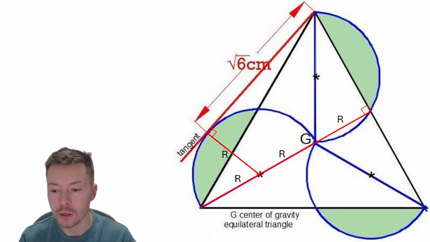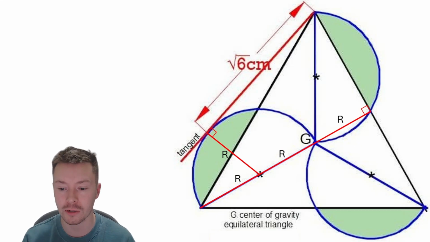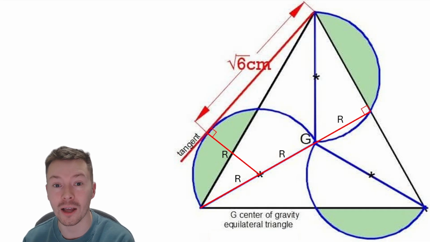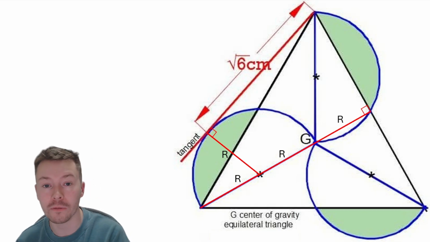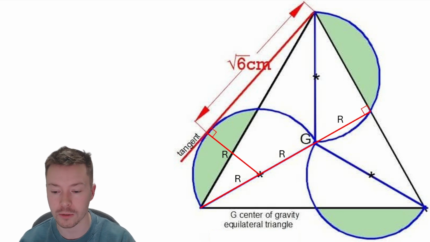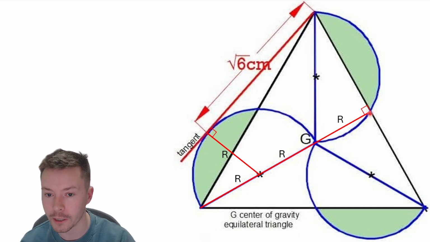So because I've got two radii there as part of that distance from my corner to G, I know that the rest of that line must be half of that. So instead of being 2R, half of that is 1R. Okay, it's 1/3 of the whole distance. So 2/3 there, 1/3 here.